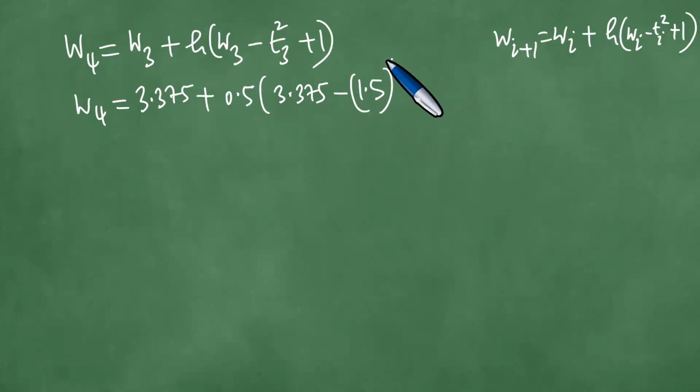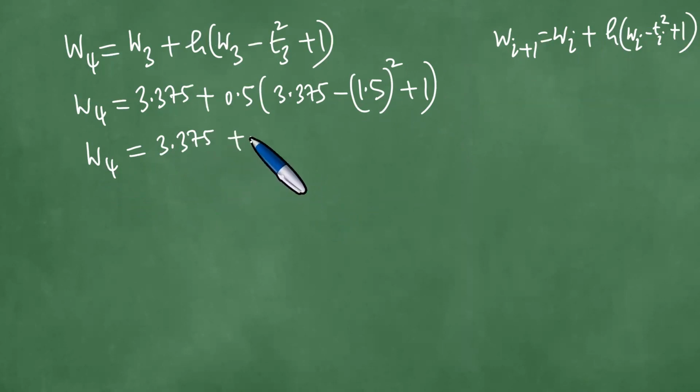So we substitute T3, which is actually 1.5. But we square everything according to the differential equation, then we add a 1, like so. Which means that W4 can be seen as 3.375 plus 0.5 times 2.125, like so.